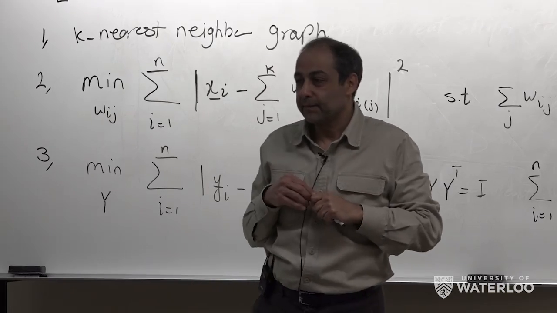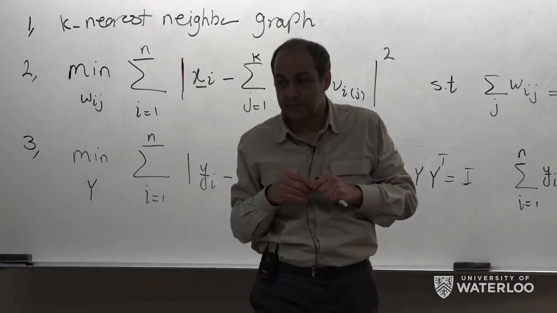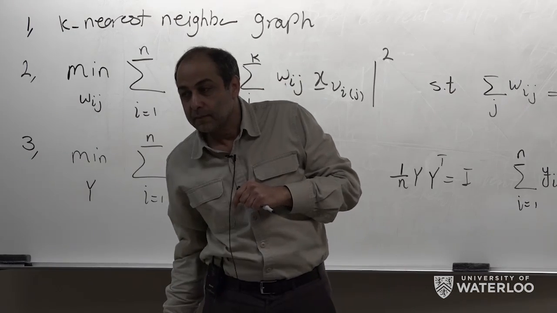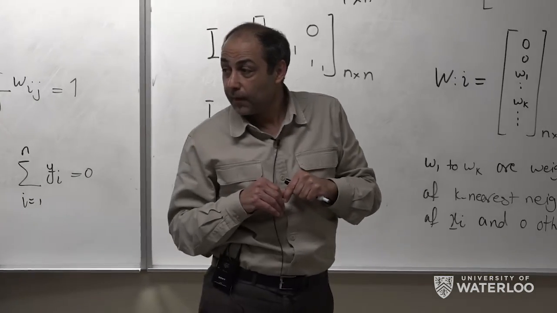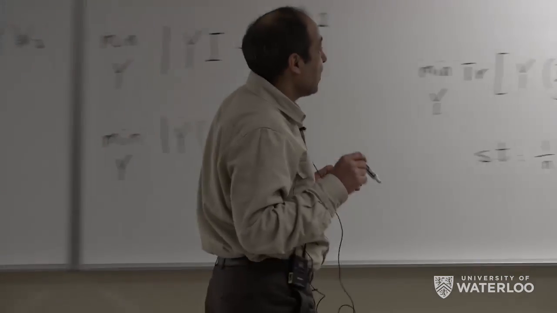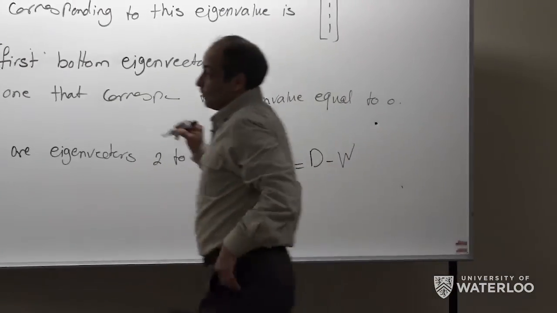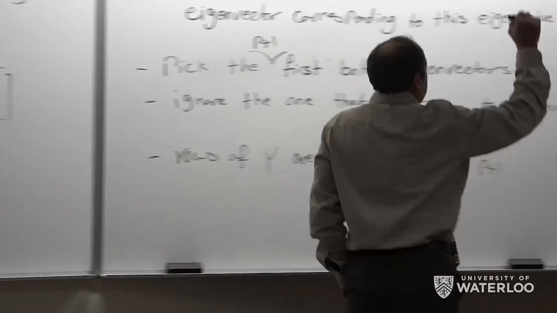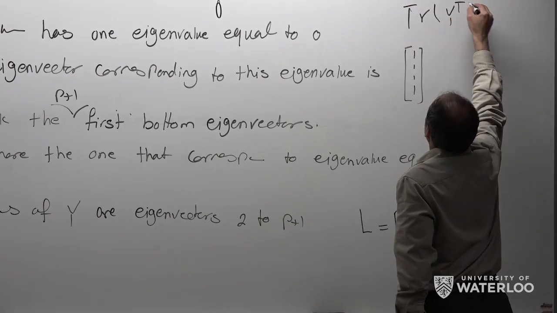Can you explain why the rows of y are eigenvectors 2 to p plus 1? Why the rows of y are the eigenvectors? In the classical problem that I wrote on the board, we had trace y transpose M y.